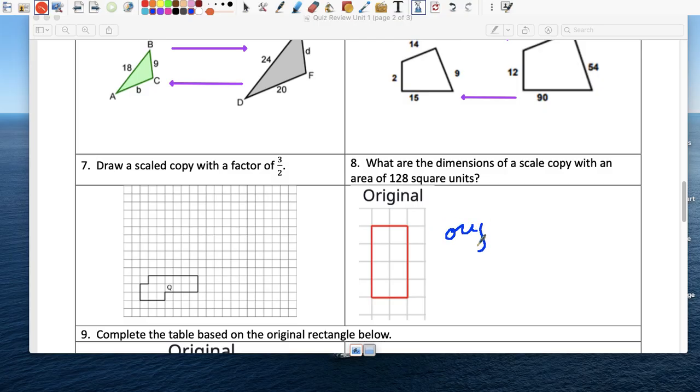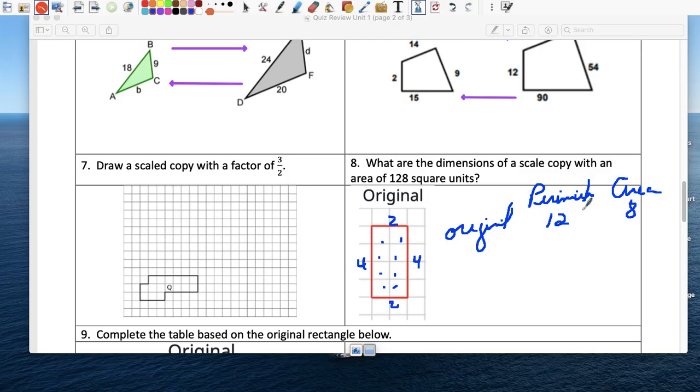So original, perimeter, and the area. Right, so the original has a perimeter of, let's see, 1, 2, 3, 4. You know what? I'm not even going to count. Let me just write the numbers down. So this measures 4. That's 4. That's 2. That's 2. So that makes it a 12. The area, 1, 2, 3, 4, 5, 6, 7, 8.